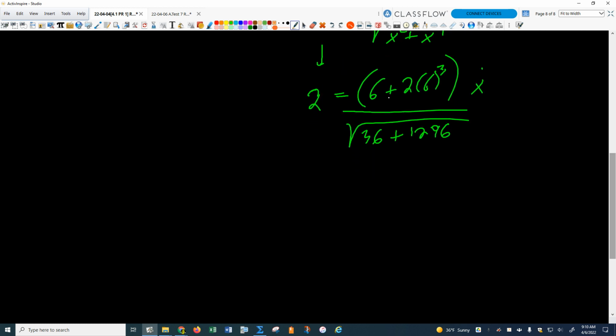So we just get 2 equals, that's a cubed, so 216, so that's 432. I think that's right. You guys better check me on this.